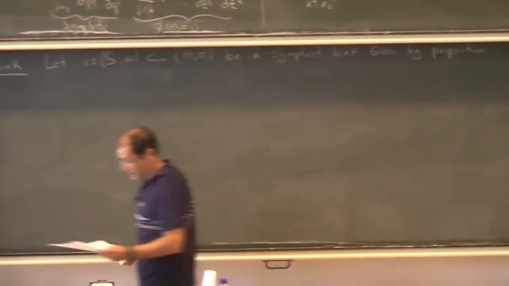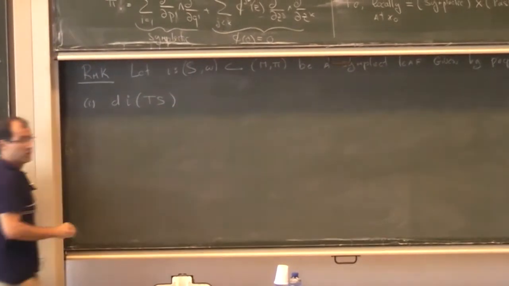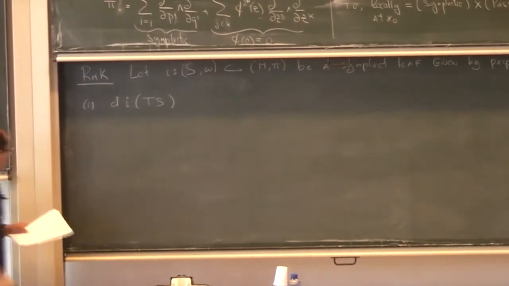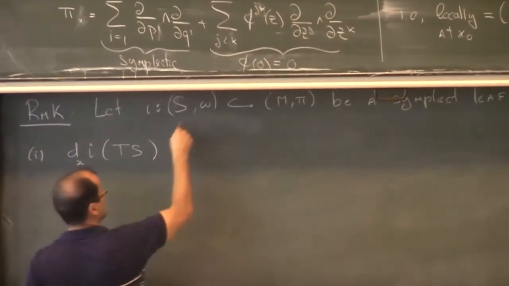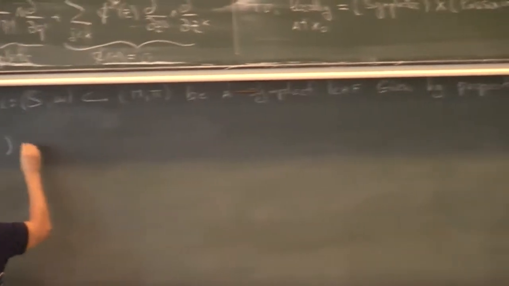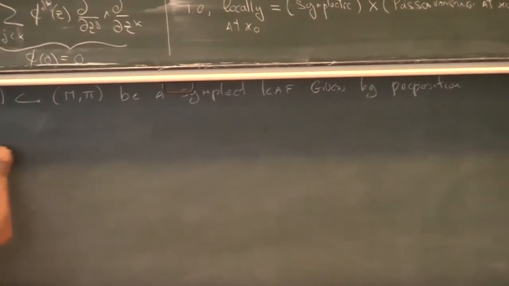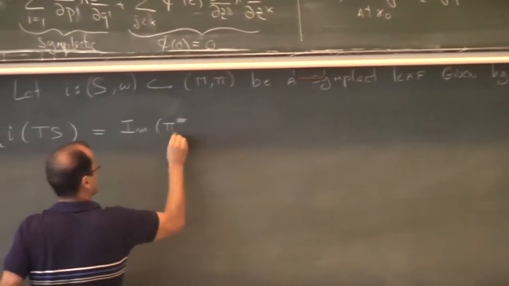So first thing, if you look at its tangent space, I want to be very pedantic, I should write it in this way. That's the tangent space to this leaf, and it is equal to the image of pi sharp at the point x.